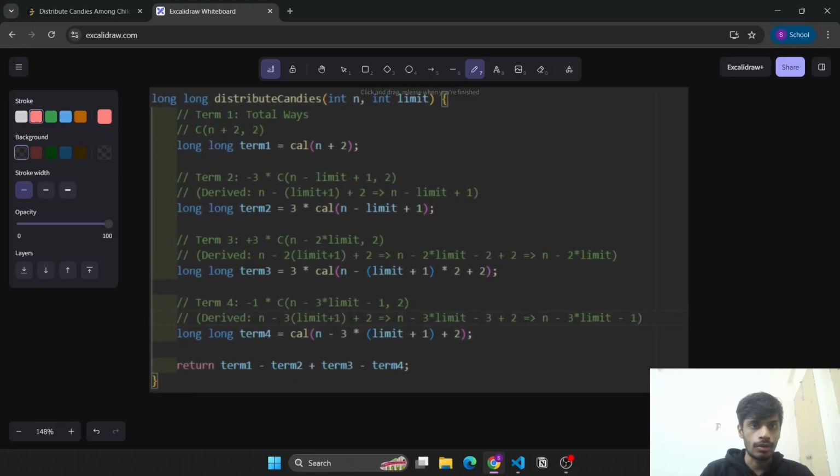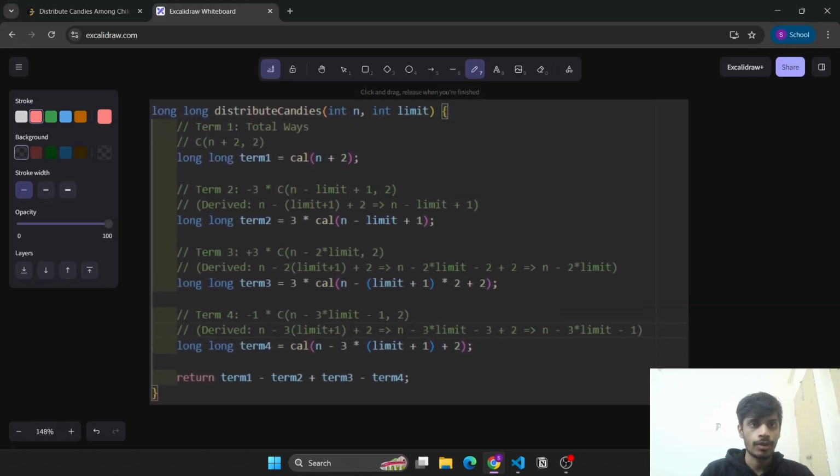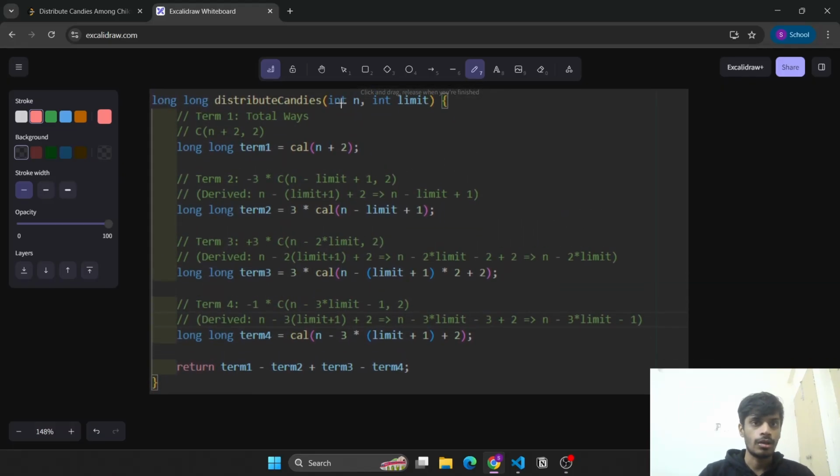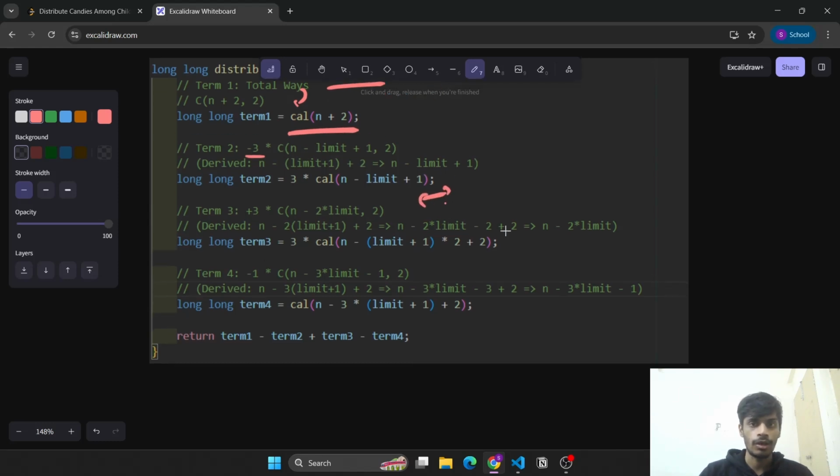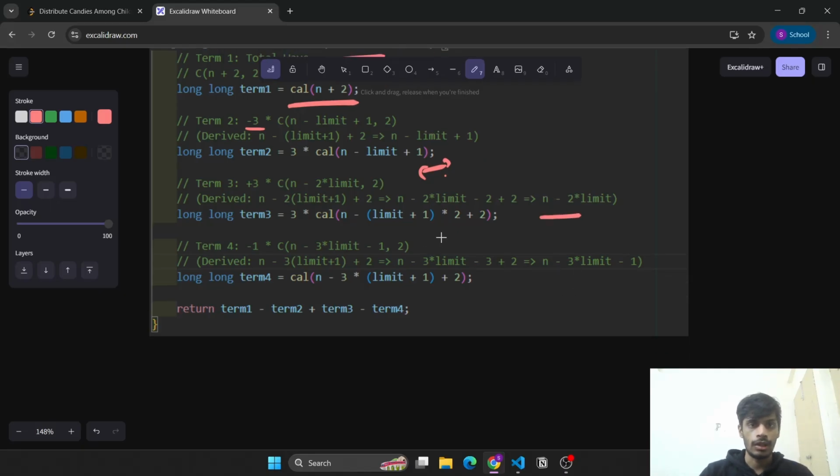Here's the code. We have a distribute candies function where total ways is n plus 2 c2. Then we'll subtract n minus limit plus 1 c2, the same formula we discussed below. Then n minus 2 into limit c2, and then 3 n minus 3 into limit minus 1 c2.